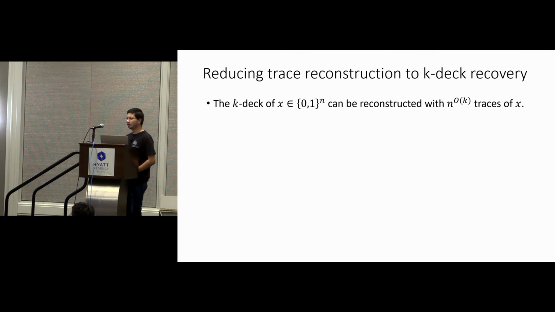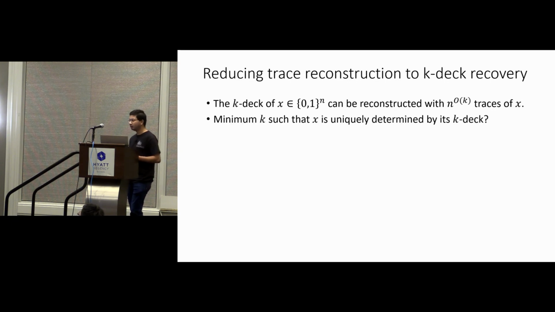It turns out that we can recover the k-deck of a string of length n using n to the k traces of x. This is not too hard to work out. The entries in the k-deck are integers between 0 and n choose k, and these are non-contiguous subsequences, so they play well with the deletion channel. So it's not too difficult to see this result.